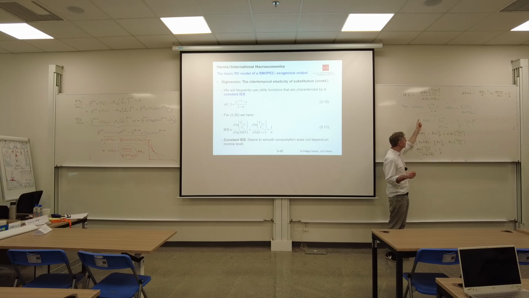So if you use this utility function, the attitude towards risk and the attitude towards fluctuations in consumption are closely related. Highly risk-averse people also hate fluctuations in consumption. Now, there are people who say this is cool, and there are people who say this is problematic, because the attitude towards risk is one thing, the attitude towards consumption fluctuations is another thing.